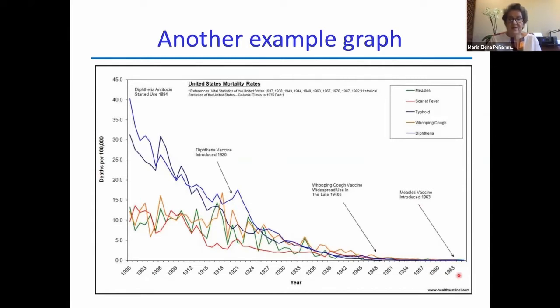So it's a continuous database, and then it gives you all the diseases that are present. It's a nice graph, a little hard to follow because of the colors, but yes, if you want whooping cough, measles, scarlet fever, you can follow scarlet fever in the red rather easily. And it gives you a lot of years of data that is very valuable.